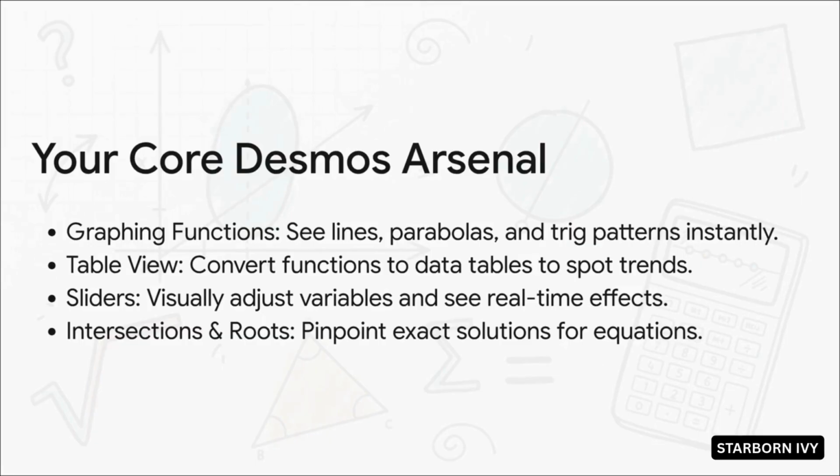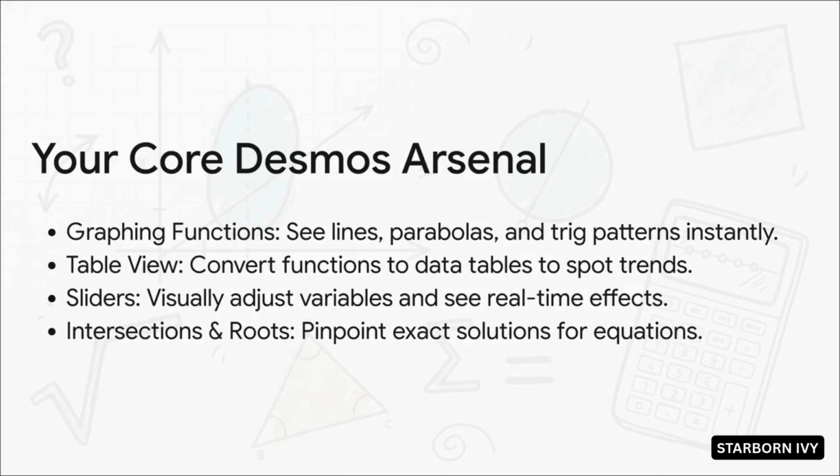You've got graphing, which instantly gives you a picture of what an equation actually looks like. Then there's the table view, which is amazing for turning abstract functions into real data points so you can spot patterns. You've got sliders, which let you literally play with variables and see what happens. And finally, finding intersections, which gives you the exact answer without all that tedious algebra.